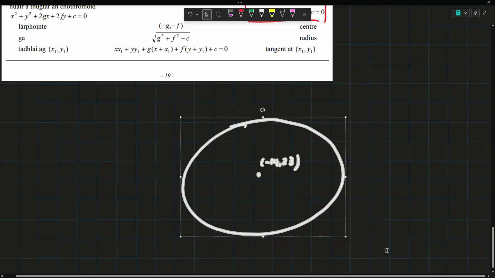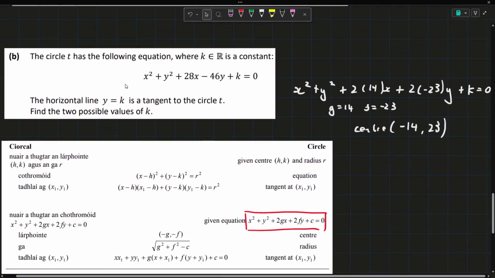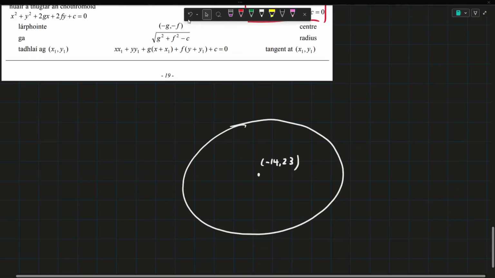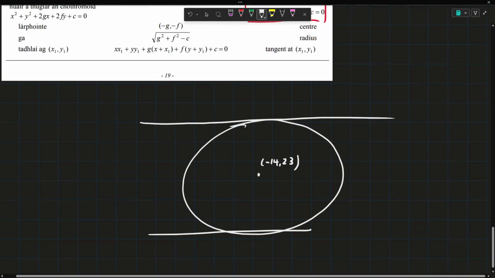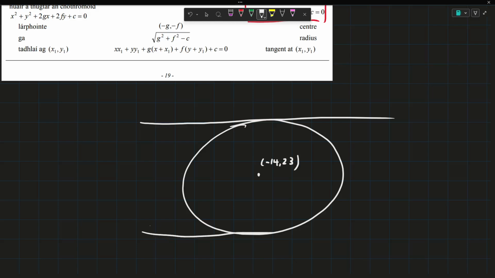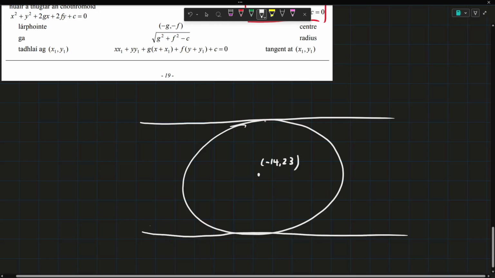If I do a quick sketch of the circle, we're told that it's a horizontal line, which you could tell anyway, because it means the y value is equal to k, no matter what the x value is. So if we draw in the tangent, it's either going to be like this, or like this. In both cases, the point of tangency is directly above or below the center, because perpendicular to horizontal is vertical.